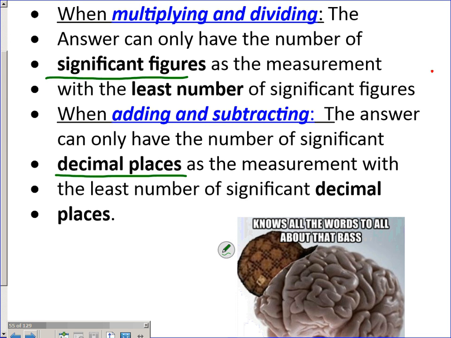Well, you're the weakest link because you only got 2 sig figs. That's not very accurate. Overall, you control the final outcome because you have the least accurate number. And that's okay. The lowest number of sig figs will control our final answer, and the lowest number of decimal places will control our final answer, so we're not lying about our measurements yet again. Try to be honest in here, okay?